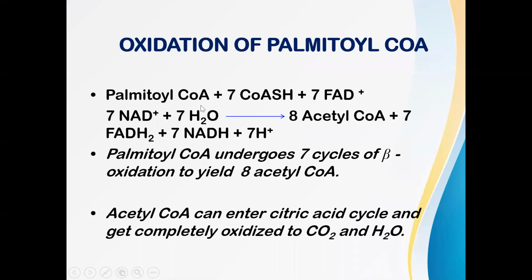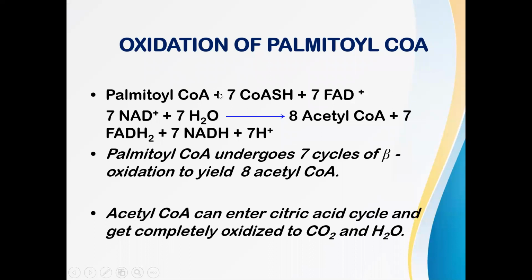So the overall reaction is: 1 molecule of palmitoyl CoA, plus 7 coenzyme A, plus 7 FAD molecules, 7 NAD molecules, and 7 water molecules, because in the step of hydration, a water molecule is required. With all these reactants, there is formation of 8 acetyl CoA.